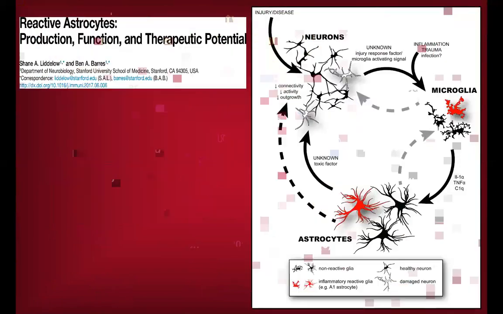And we'll go through more of this in detail. This is more of that reactive astrocyte idea with these different profiles, showing that these reactive astrocytes can be toxic to neurons. So we definitely want to understand them and to do things to prevent their reactivity.